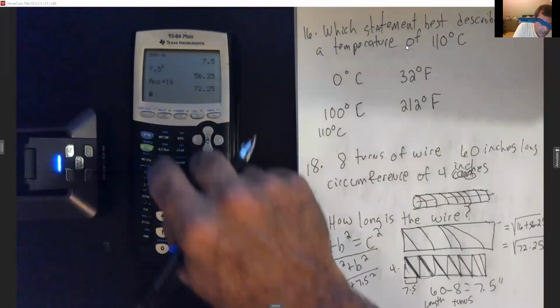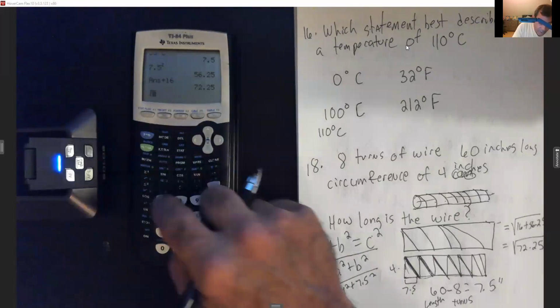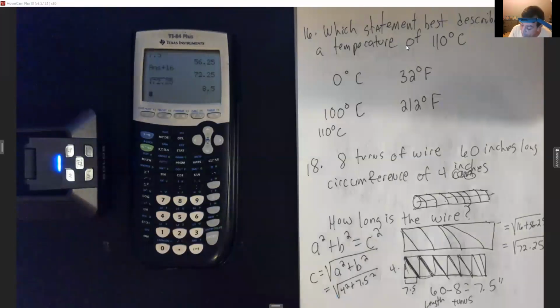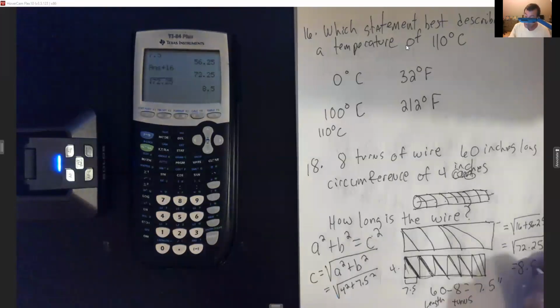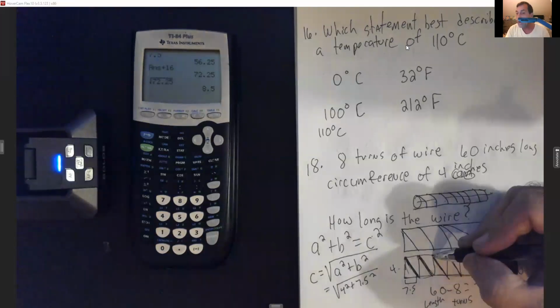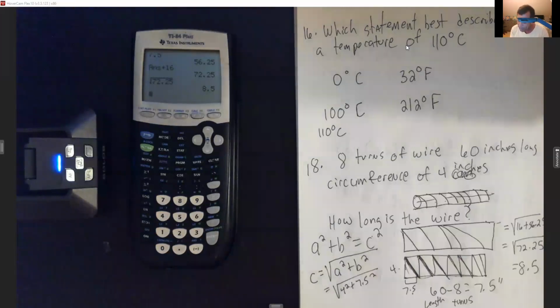So second square root, 72.25. Hit enter, and you get about 8.5 per piece of wire. But remember, we only found this piece of wire. I had 8 of those, right?